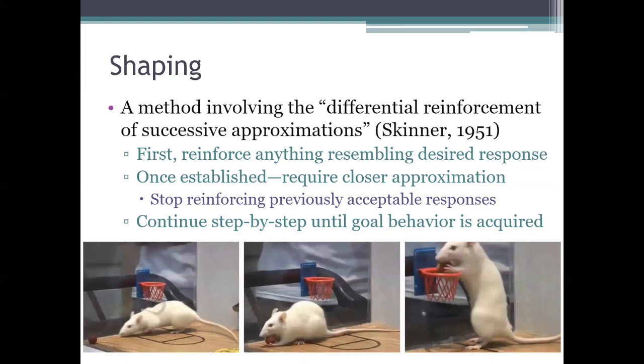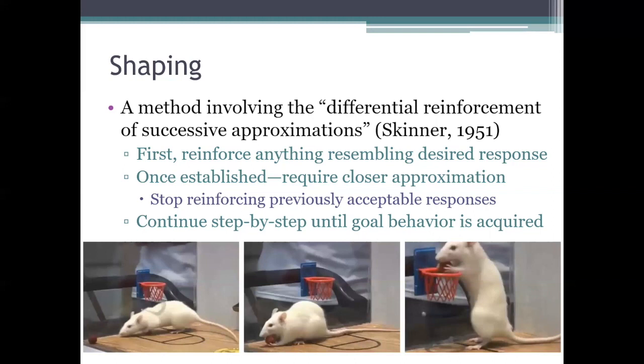The rat is going to start approaching the ball more often after that, because that's what you're reinforcing it for doing. And then once the rat is frequently doing that, then you raise your standards. You increase your requirements as far as what the rat has to do to keep getting those reinforcers. So now just approaching the ball isn't enough. Now maybe the rat has to actually touch the ball to get the reinforcer. And then once it's consistently doing that, you increase your requirements again.